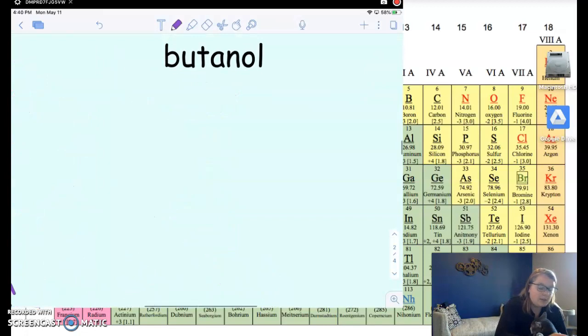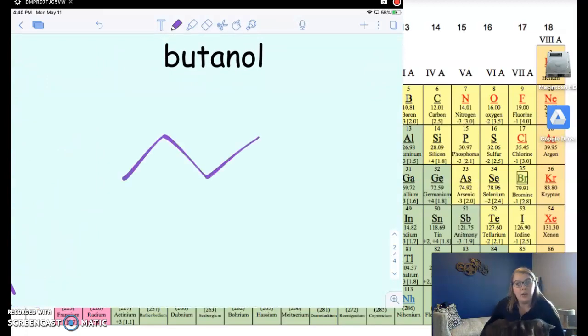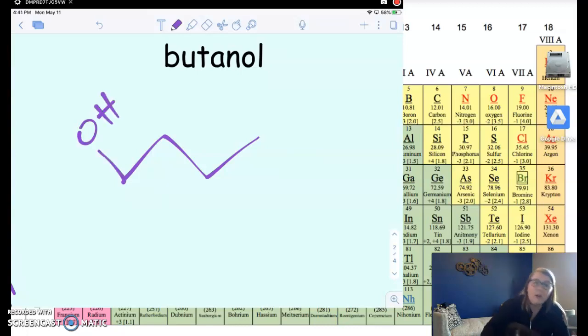Butanol. All right, so I'm going to start with but, which is 4. 1, 2, 3, 4. I've got an anol, which is my alcohol. And notice there's not a number on here. So remember, if there's not a number, it's always going to be on the first one. So if it's ever on number 1, we just kind of negate the 1. So you can draw it here. And notice how I drew a line. This is a very common mistake.